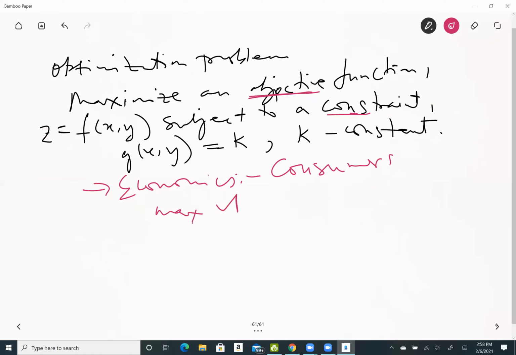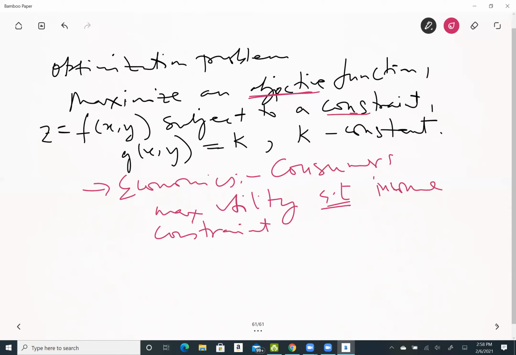But you cannot maximize your satisfaction indefinitely, because we have limited resources. You have limited income. So, subject to, S.T. means subject to the income constraint. The income is our constraint. It would be something like that.